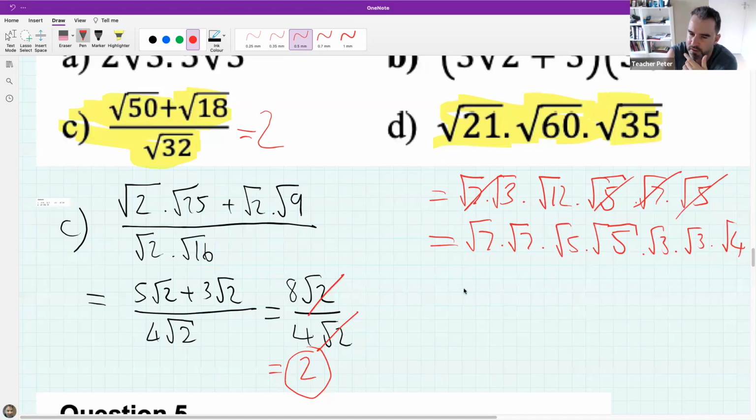That's the 12. This would be 7. That would be 5. That would be 3. And that would be 2. So what is my final answer going to be? Seven times 5 is 35. Times 3 is 105. Times 2 should be 210.